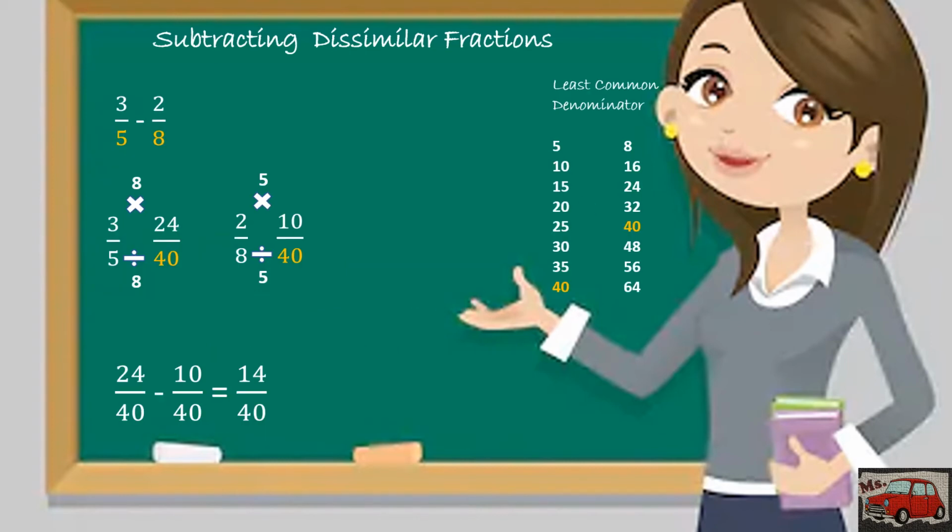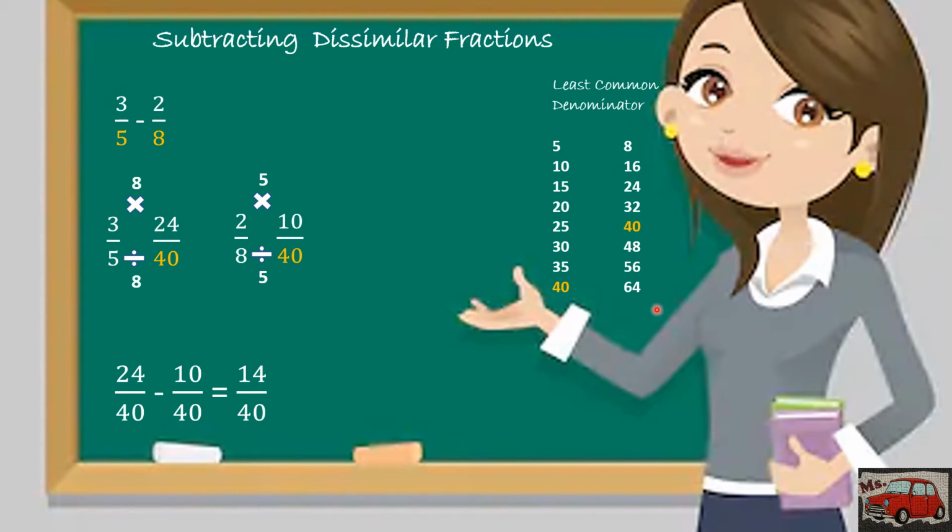Okay, so to solve this without using the figure, again, dahil ang fractions natin ay 3/5 minus 2/8, so, dapat same muna yung denominator. So, dahil hindi sila parehas, we need to get first the multiple of 5 and 8. So, these are the multiple of 5 and this is the multiple of 8.